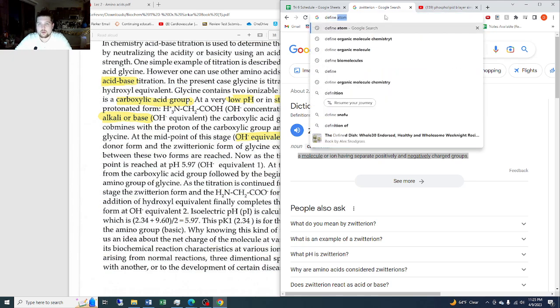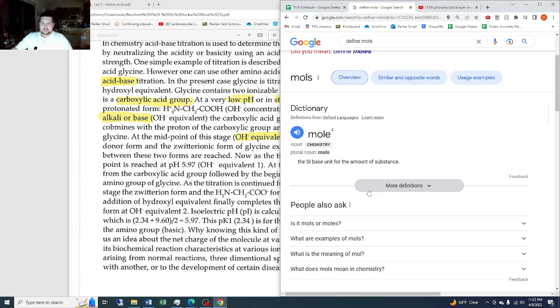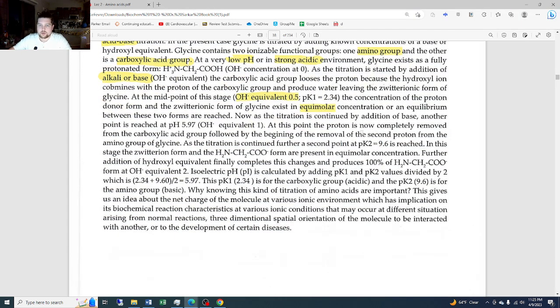Moles is the SI base unit for the amount of substance. So it's about if you have a certain number of moles within a solution. So equimolar concentration, is it just saying that the concentration of everything is at equilibrium, or an equilibrium between these two forms is reached?